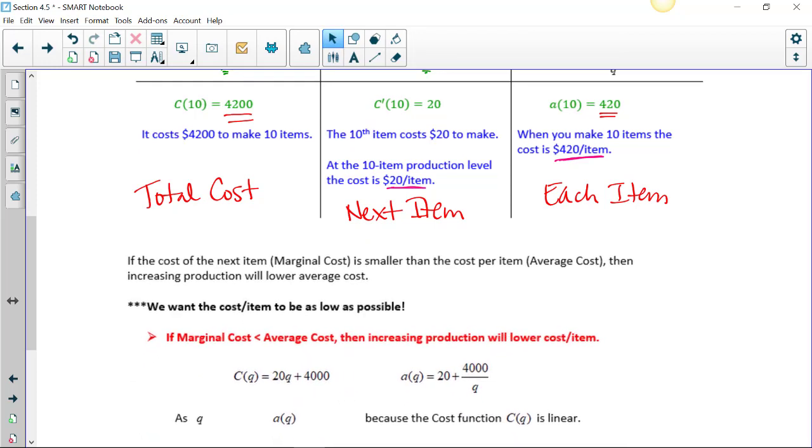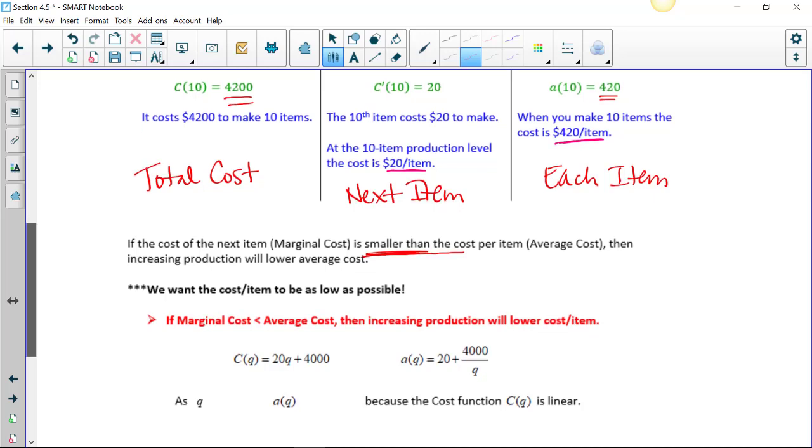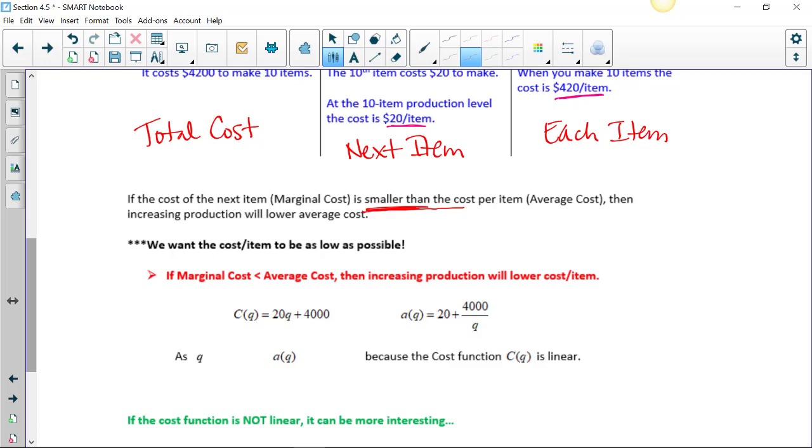All right. So if the cost of the next item, the marginal cost, is less than the cost per item, then increasing production will lower average cost. Okay. We want our cost per item to be as low as possible.